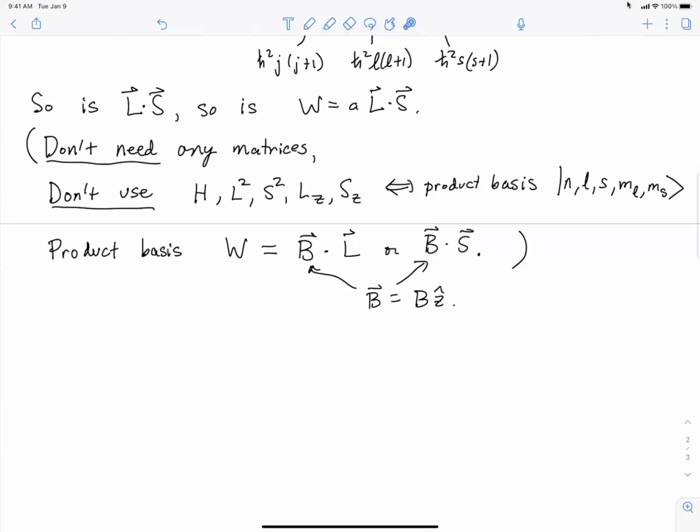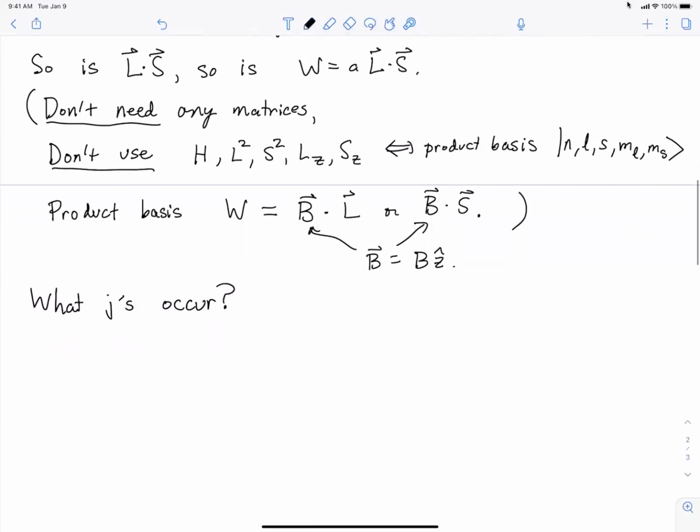Okay, the only other thing that you need to do the problem is you need to know what J's occur, because essentially in the problem I gave you L and S. And the answer to what J's occur comes from addition of angular momentum.